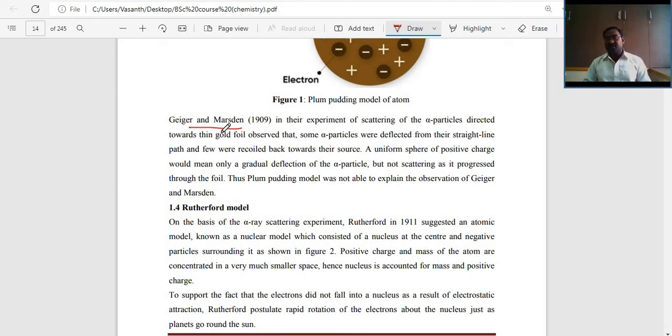the J.J. Thomson atomic model. There is no experimental evidence in the J.J. Thomson atomic model.